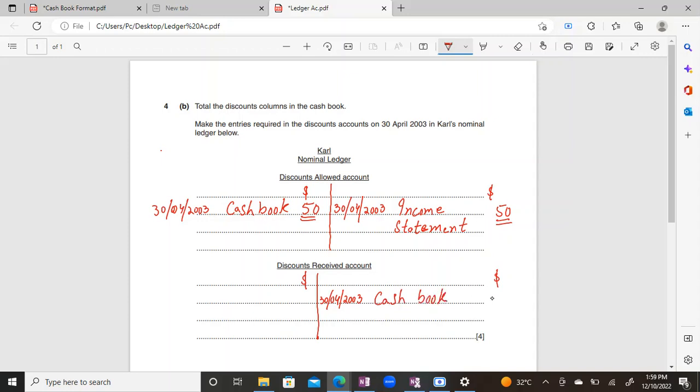So on the credit side, you need to write the value, which is $45. Again, balance both sides. To the date, 30th April 2003. And income will also be transferred to the income statement.